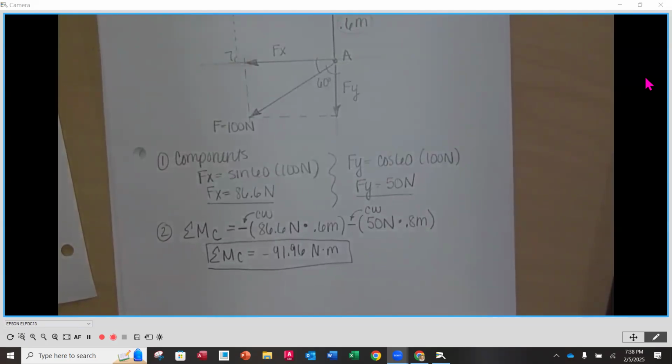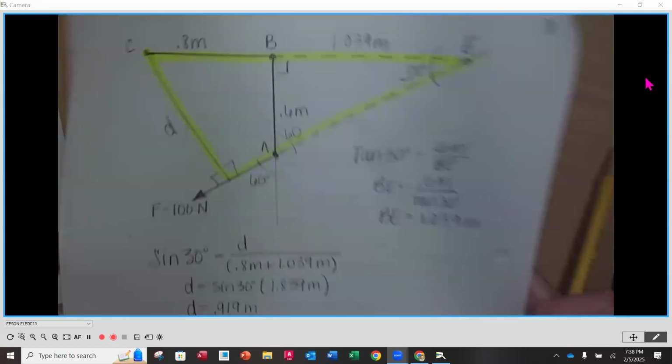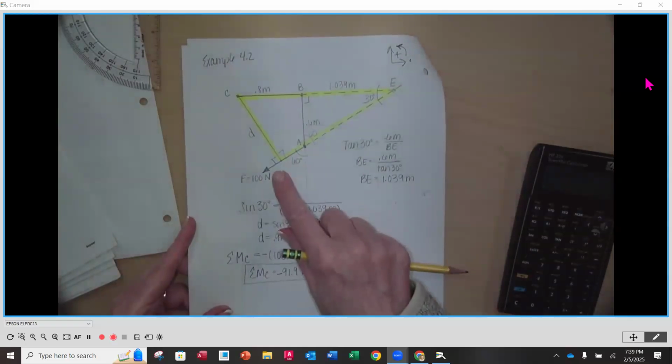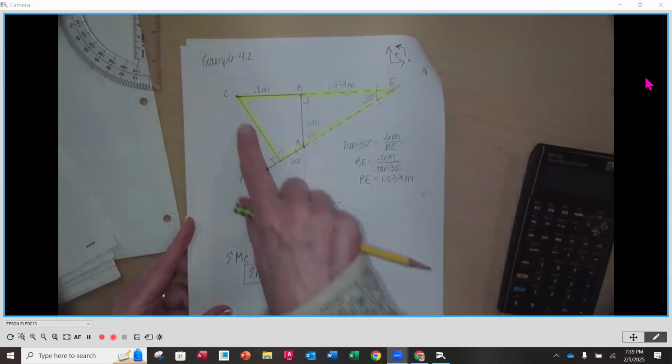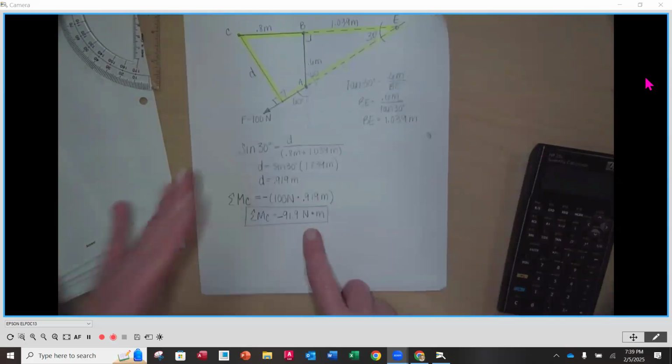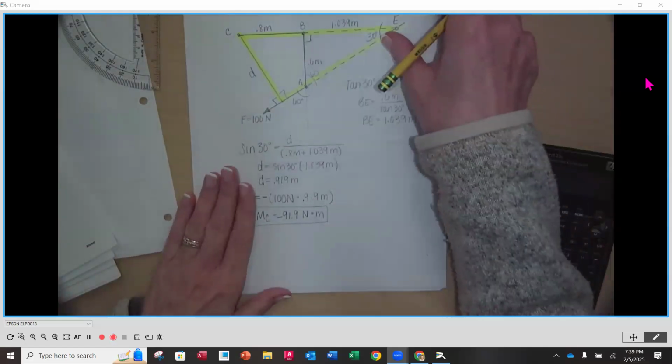All right. Any questions on example 4.2? Again, we did this two ways. The first way, we found the perpendicular distance from the original force. The force was at that 60-degree angle. We had to do some trig, not hard trig, to find that perpendicular distance, and we found the moment based on force times perpendicular distance.